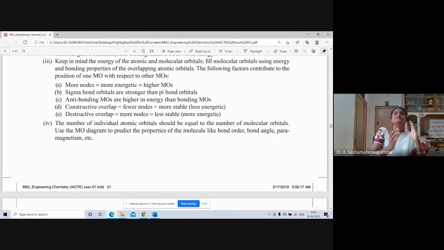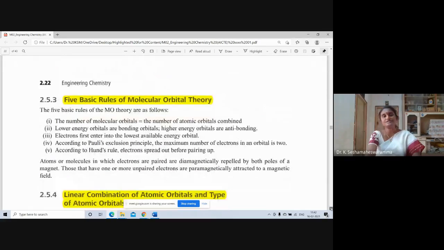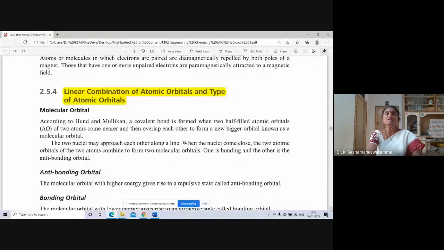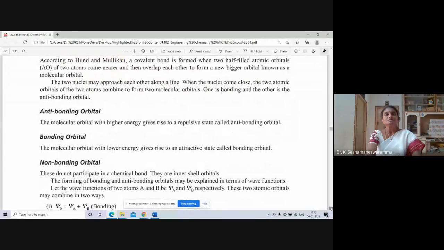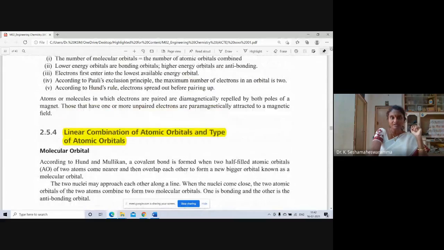The number of individual atomic orbitals should be equal to the number of molecular orbitals. With the molecular orbital diagram, we can predict properties of the molecule like bond order, bond angle, paramagnetism, etc. Molecular orbitals are formed by linear combination of atomic orbitals.